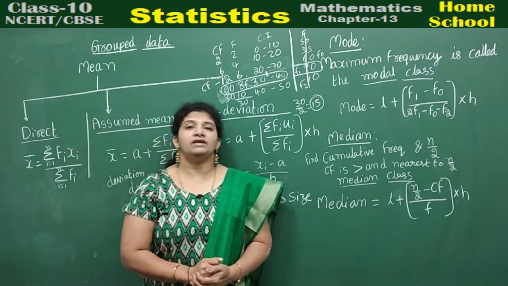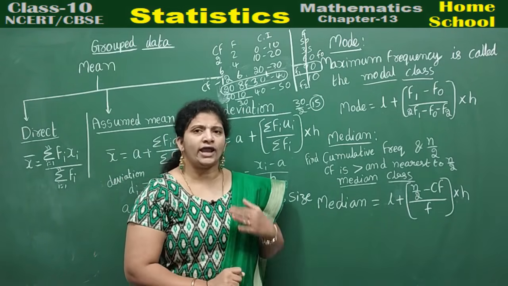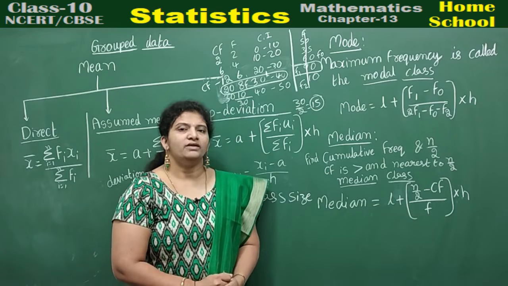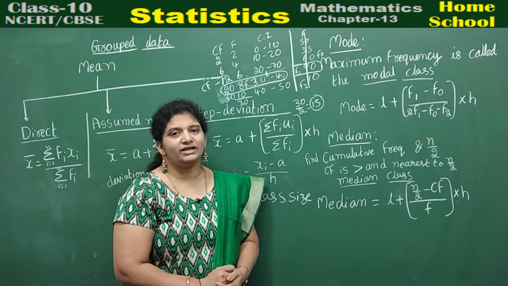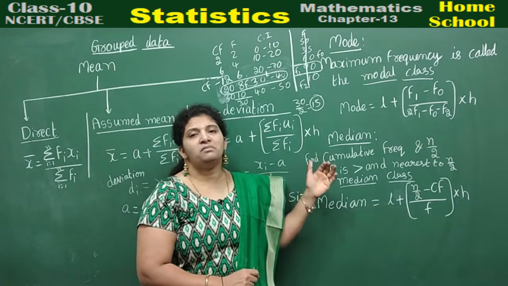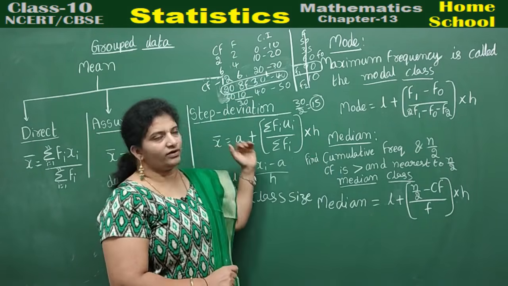Coming to median. You select the median class by first writing the cumulative frequency column. Go on adding your frequencies. First find the cumulative frequency column. Then do n by 2. Observe where that value n by 2 falls in the cumulative frequency.